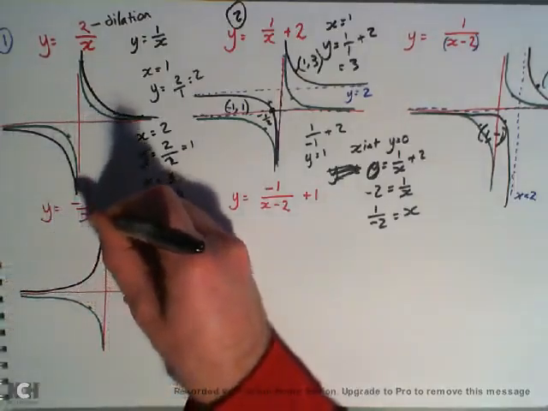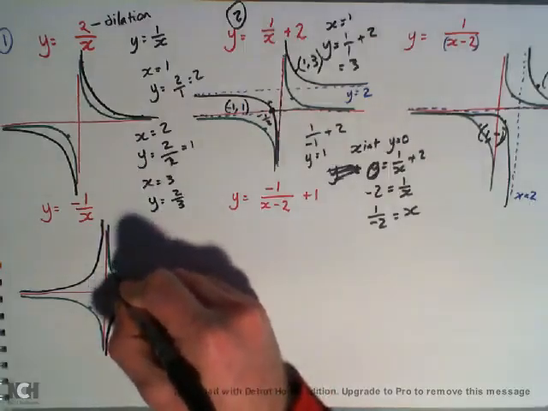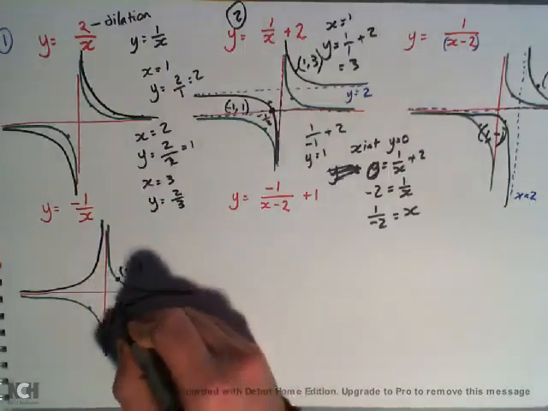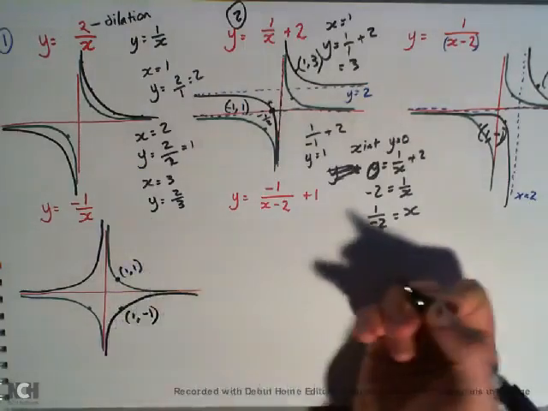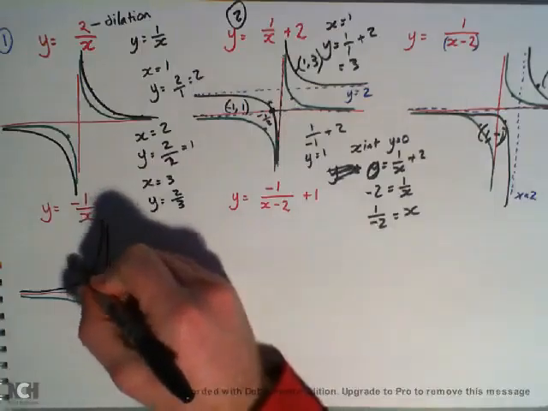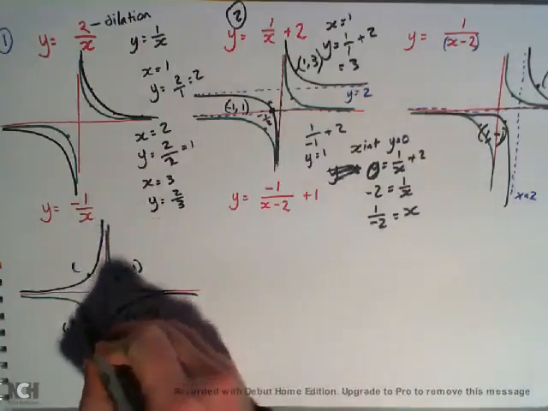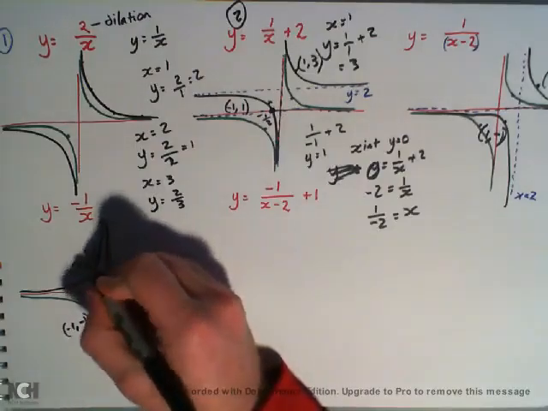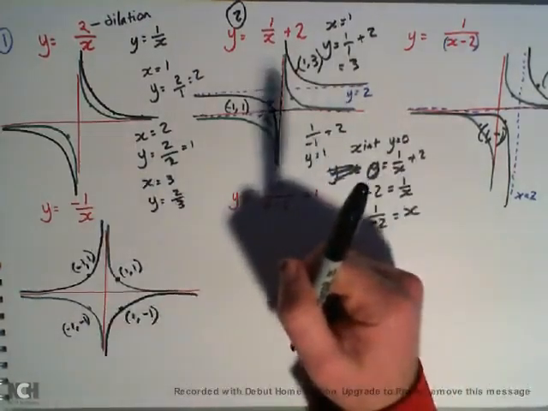Again, I haven't dilated it, so this point here at 1, 1 now becomes +1, -1. And this point here at -1, -1 now becomes -1, +1. That's all it does. Just flips it around the x-axis.